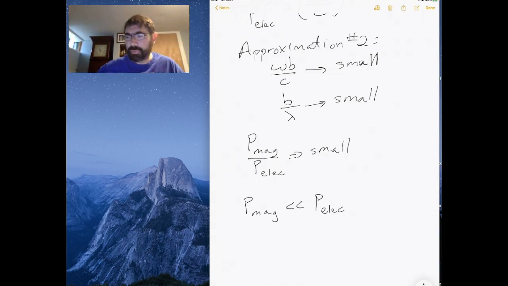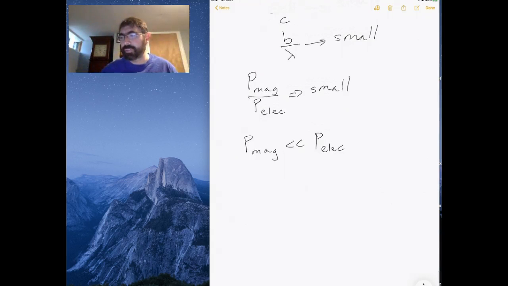So in the end, what you have is these two cases, one with the oscillating current. This is the magnetic case.